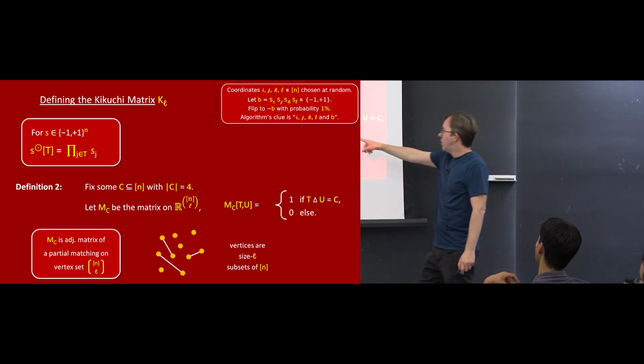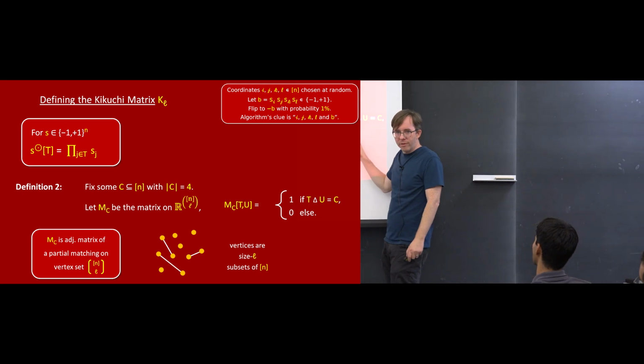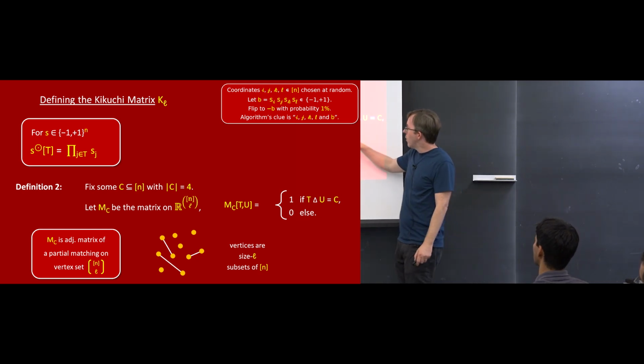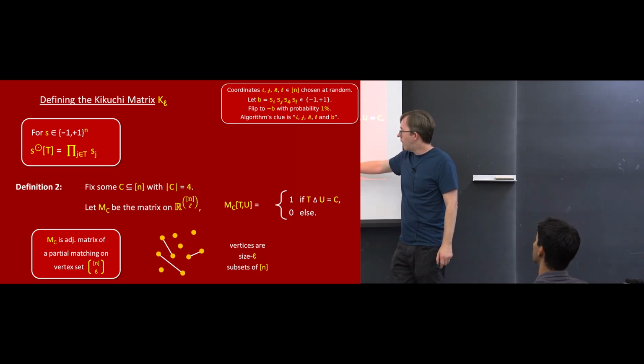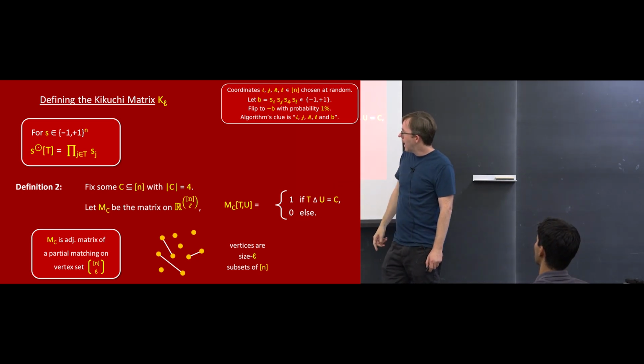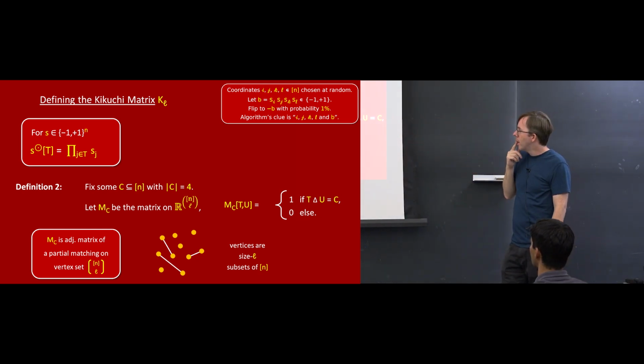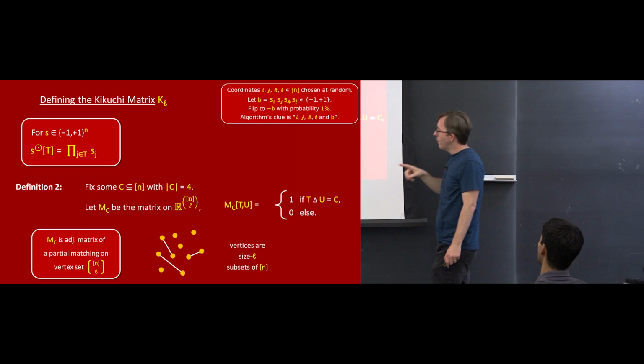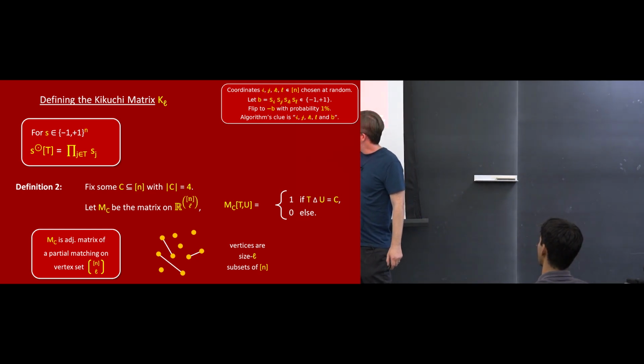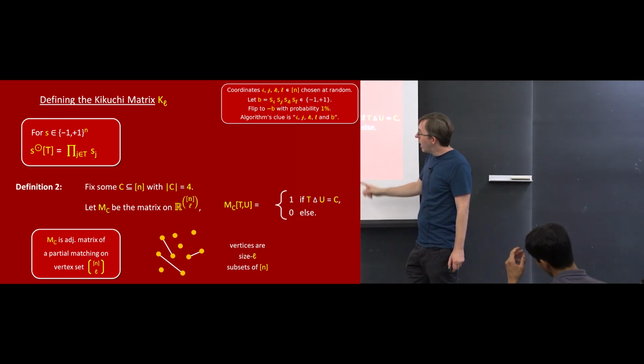So this is actually an adjacency. Another way to think about it, this is an adjacency matrix of a graph. It's a graph where the vertices are all the sets of size L from an n size universe. And it's also a perfect match, or not a perfect matching, it's a partial matching, because every vertex here has some set of size L, and it might have no edge. Okay, when does it have an edge?